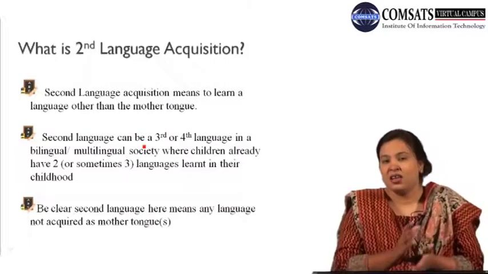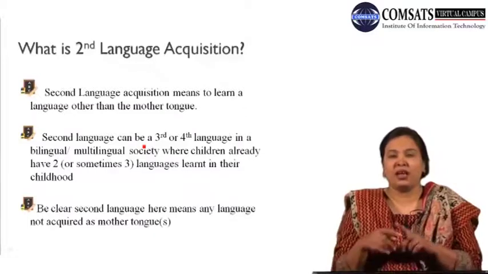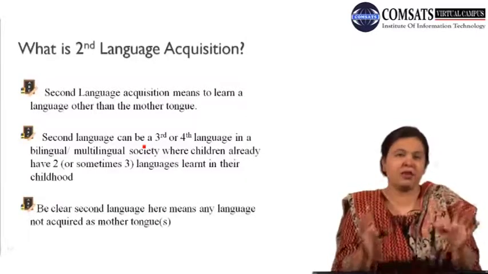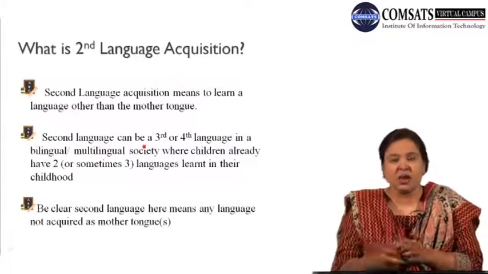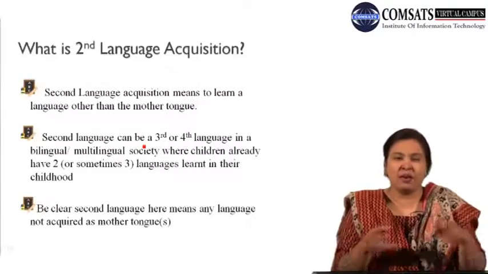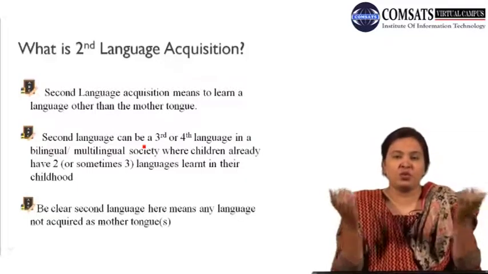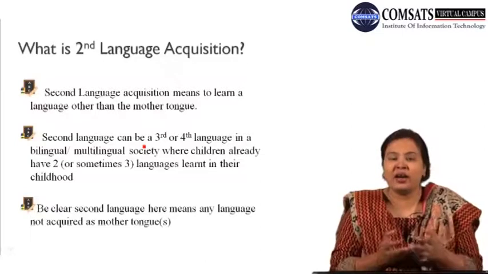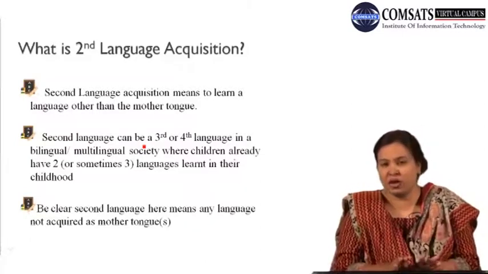The same way, for example, I, as a resident of this bilingual society, have learned Punjabi and Urdu right at the same level and at the same place. I do not know which language I started with first, but I was exposed to both languages randomly. My father used to speak with me in Urdu, my mother used to speak with me in Punjabi. So I picked both languages as first languages and acquired them both with the same proficiency level, with the same satisfaction level.